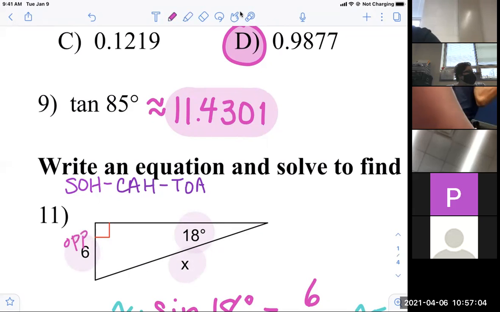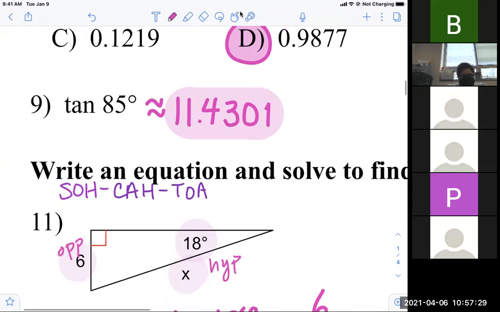What's the x side? The hypotenuse. Okay, so we've got the 18 degrees, we've got the opposite, we've got the hypotenuse. So are we doing sine, cosine, or tangent? Sine, opposite, hypotenuse, okay? So the sine of 18 is the opposite divided by the hypotenuse.